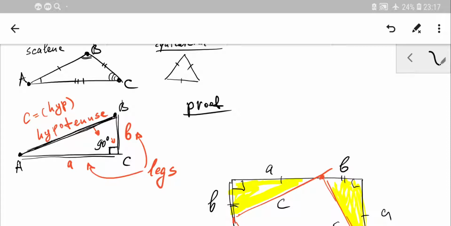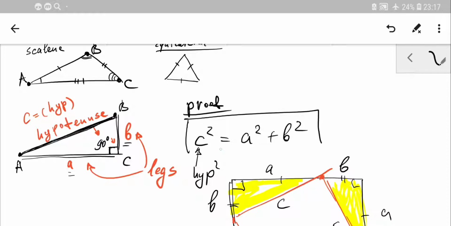So the longest side, no matter which right angle triangle you take, the longest side, c squared, basically the hypotenuse squared, equals the sum of the squares of the two legs. So if we mark A and B as the corresponding legs, we will have the following equation. Okay, so c squared, the longest side, is a squared plus b squared.